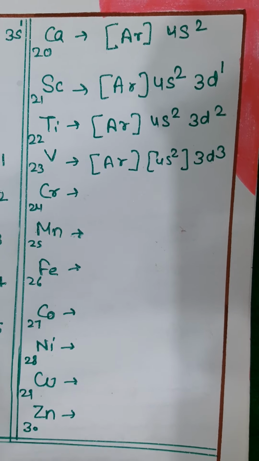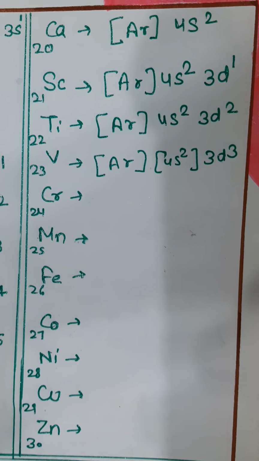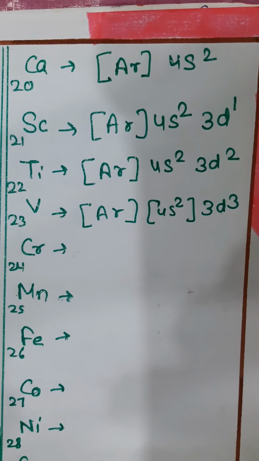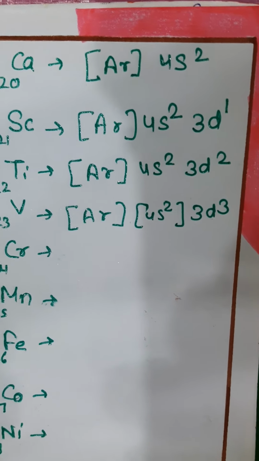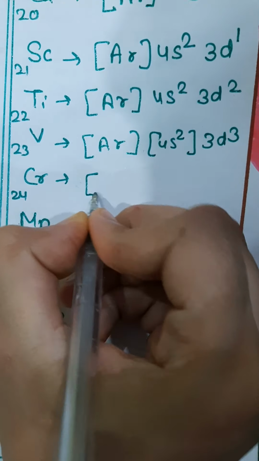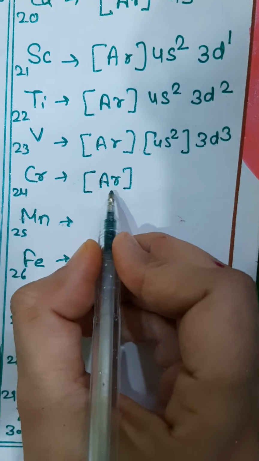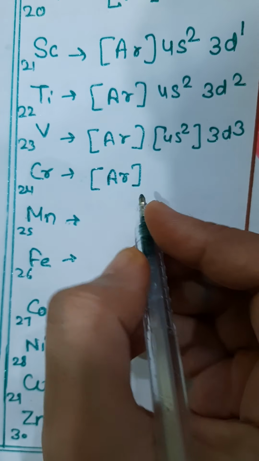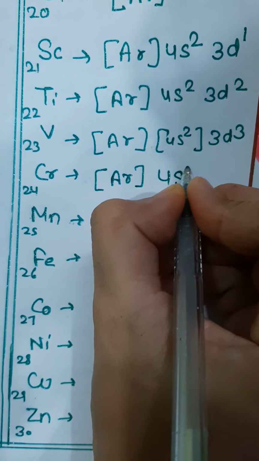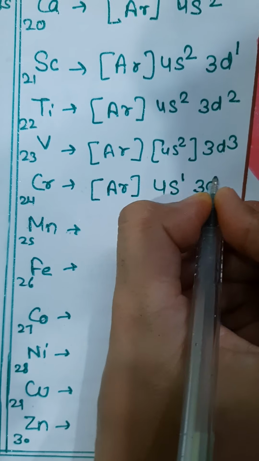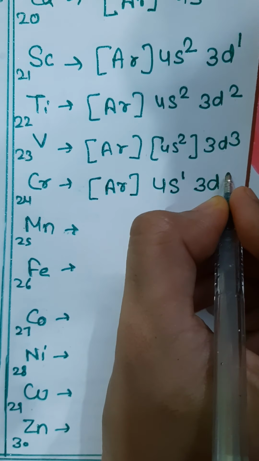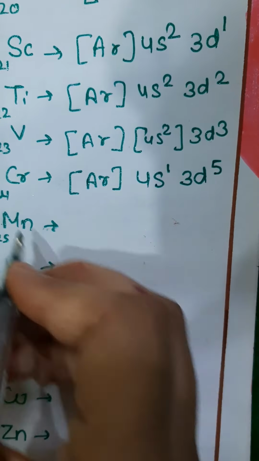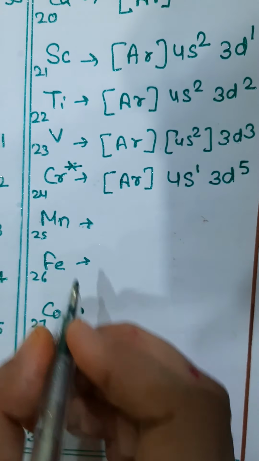and student, copper, two cases are here which are exceptional cases. In chromium, argon 18, 4s1 and 3d5. This is an exceptional case.